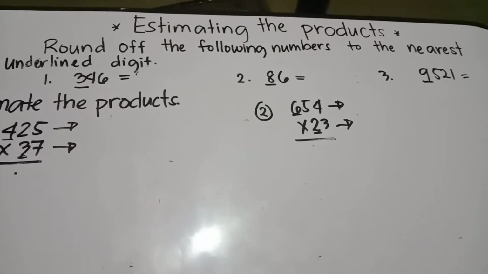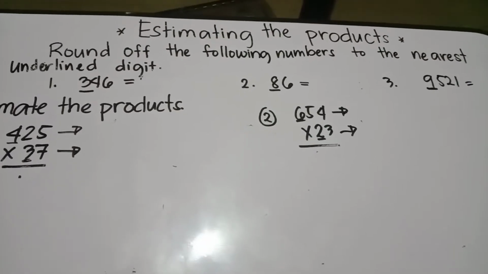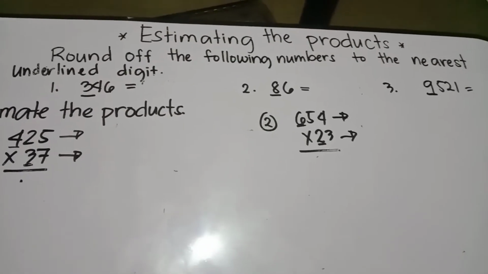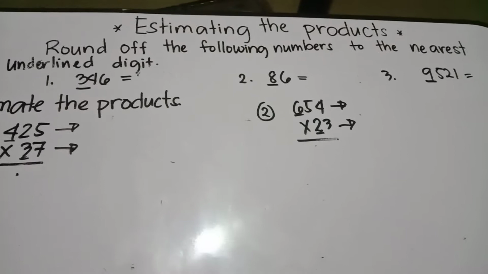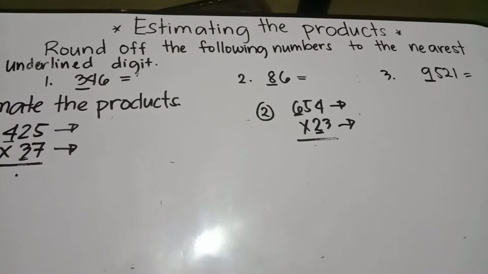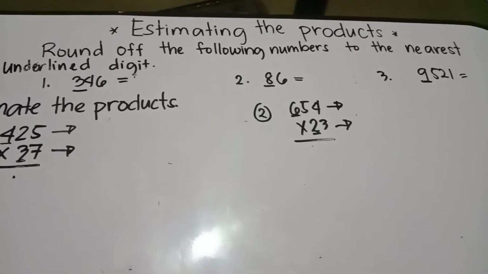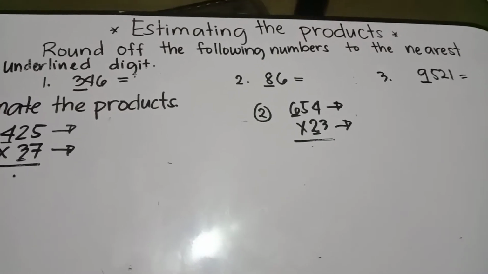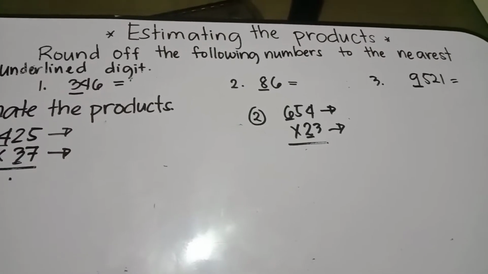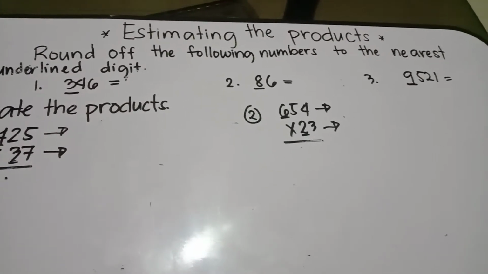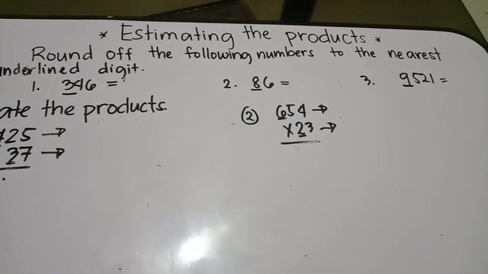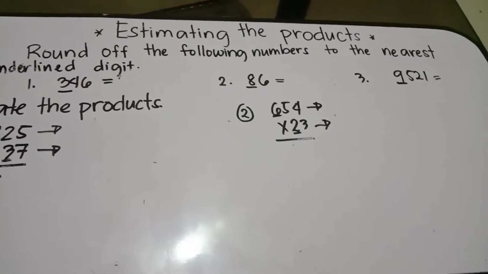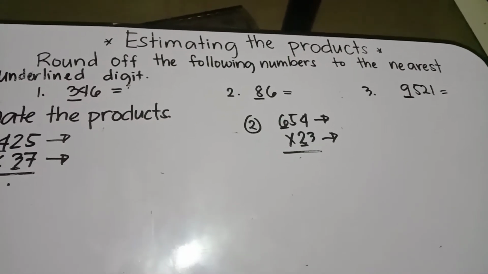So, in rounding whole numbers, first thing to do is we are going to determine or look at the digit to be rounded. Next, we are going to look at the next digit at the right.